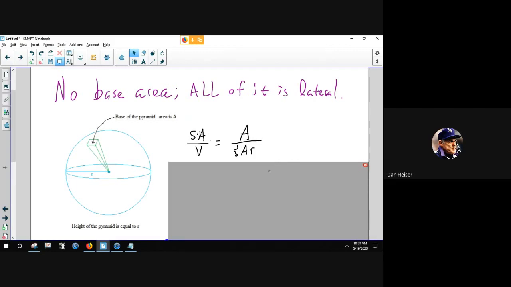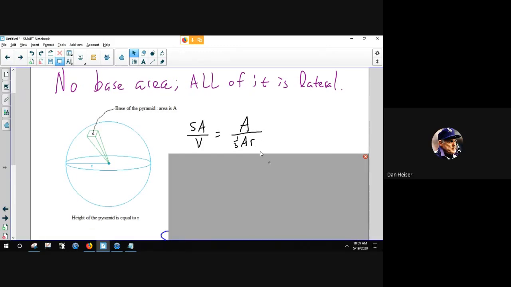Here's a ratio of the pyramid's surface area to volume. Because the only piece of the surface that's outside is this, the pyramid surface area is A, capital A. All the rest of it is inside the sphere. The volume of a pyramid we know is 1/3 base area, which is capital A, times the height of the pyramid, which we've already stated is also the radius of the sphere.